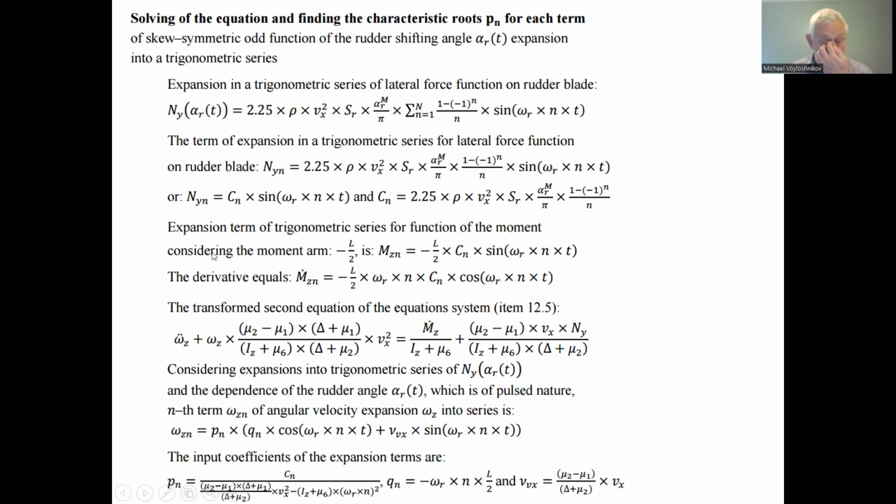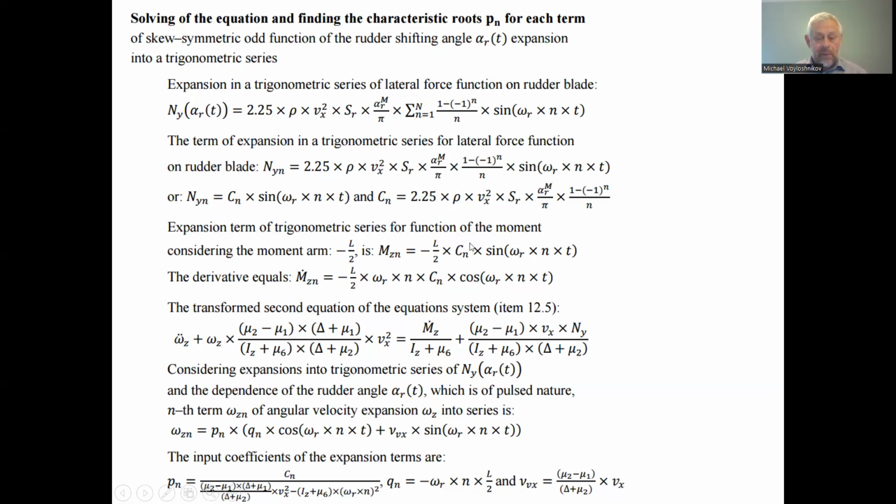And besides, for use in the differential equation, like here the inhomogeneous linear differential equation of second order for finding the angular velocity of the ship rotation around the applied axis, we say ship yaw, we have to substitute the transverse force when the rudder is turned by the impulse function.